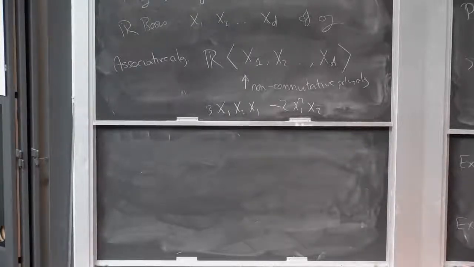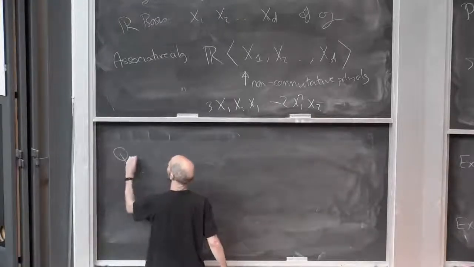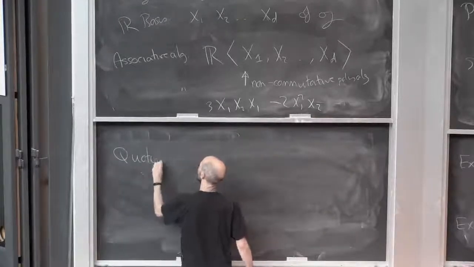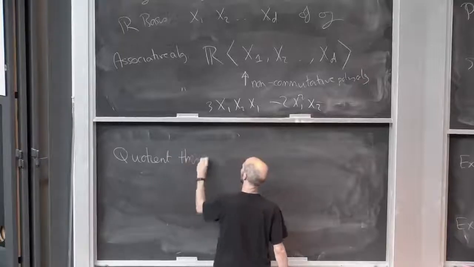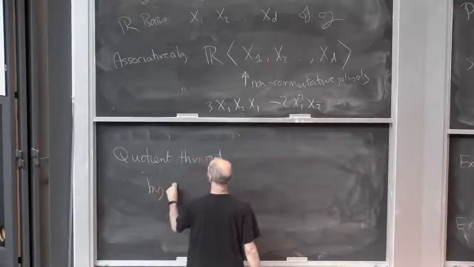Because what I want is for the associative algebra to look a little bit like the Lie algebra. So now we quotient this out by relations.